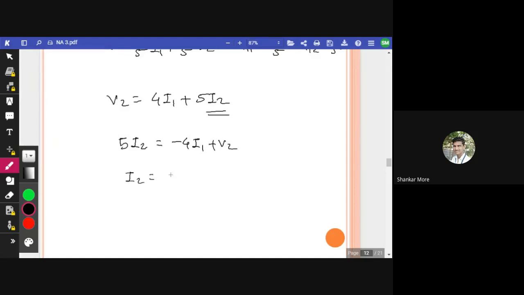I2 is equal to minus 4 by 5 I1 plus 1 by 5 V2. So here we have H21 is equal to minus 4 by 5 and H22 is equal to 1 by 5. Okay. So I hope this is correct. Any mistakes that I have done? I hope it is correct.